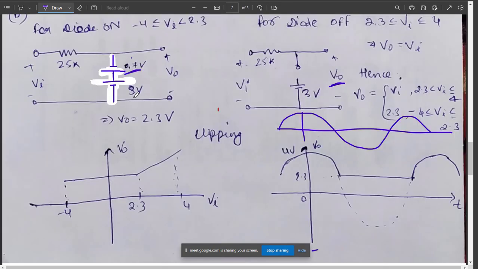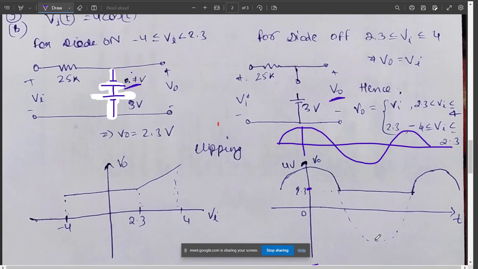Right, this 3 volts we have to also consider. So here, then our diode will be from -4 to +2.3, right? Till here, sorry.